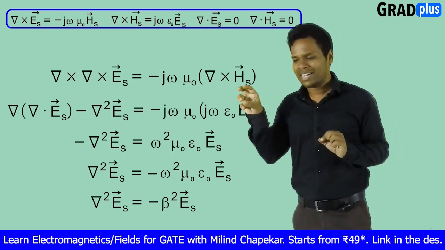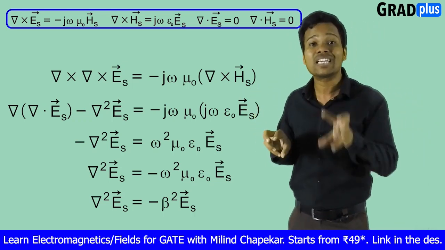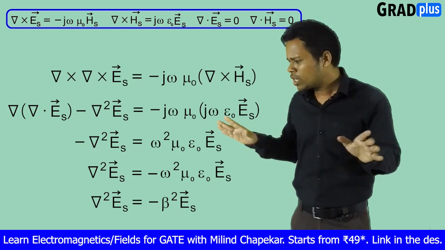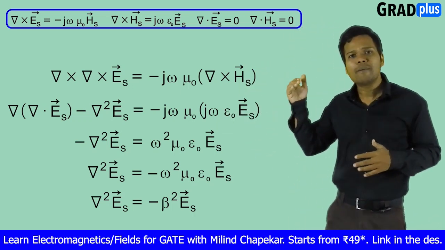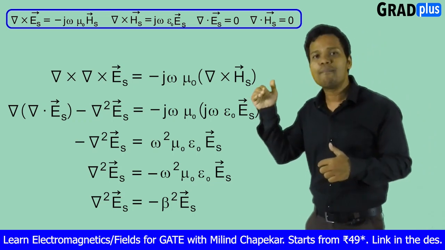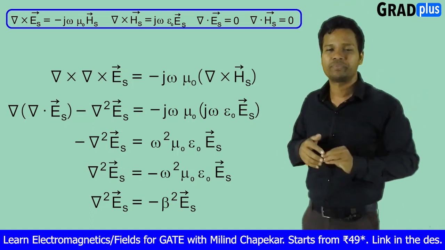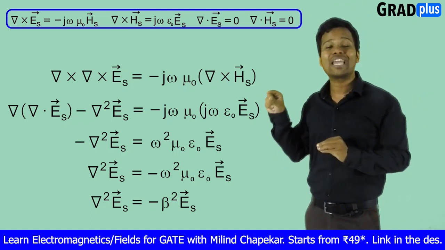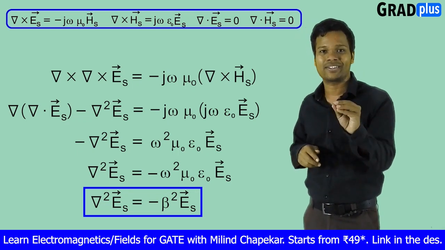We take the constant omega square mu 0 epsilon 0 as beta square, the propagation constant. But that is not the point of discussion here. After simplifying Maxwell's equations in the very first stage, we get an equation like this for the vector E.